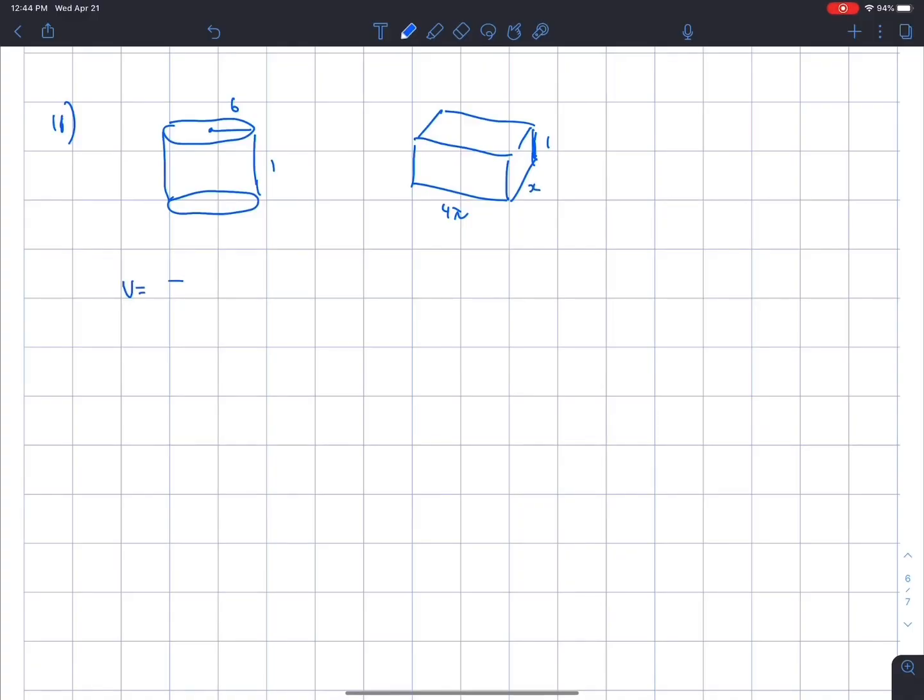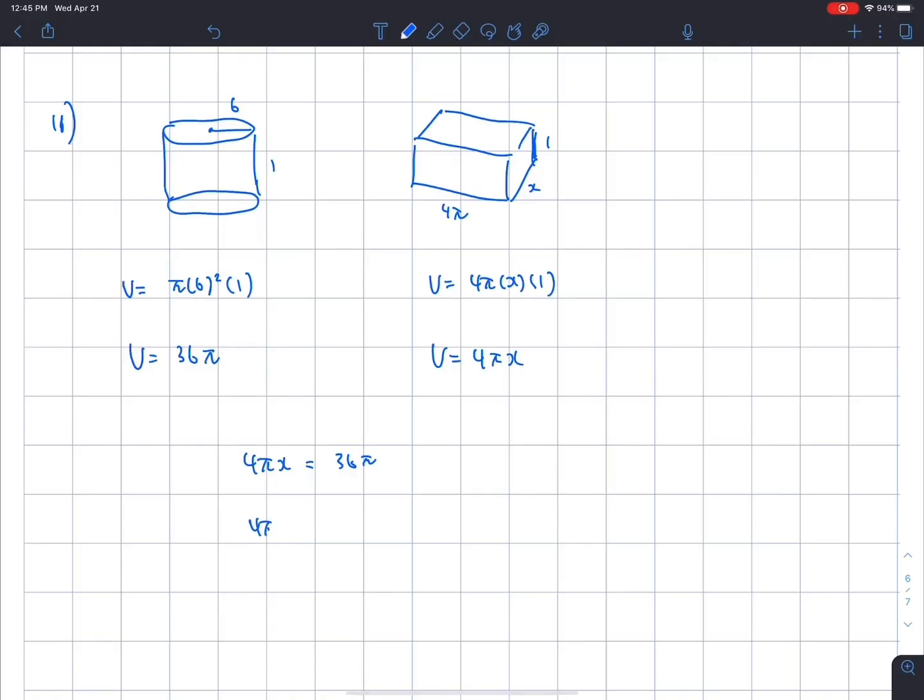The volume of the cylinder is pi r squared h, so pi times 6 squared times h. We should get 36 pi. The volume of the rectangular prism is 4 pi times x times 1, just length times width times height, and we get 4 pi x. So now I can say that 4 pi x must equal 36 pi because they are equal in volume.